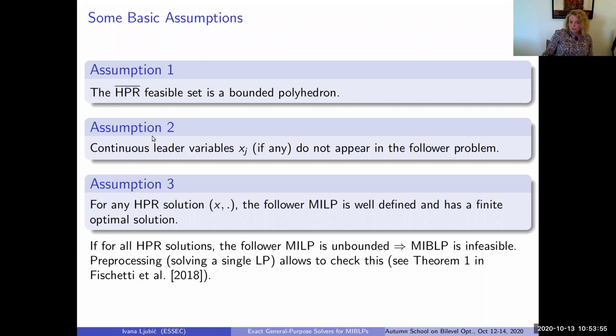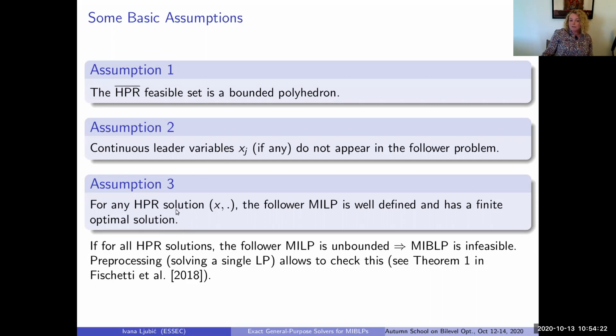Assumption 2 is really a critical assumption, which says that the continuous variables from the leader do not appear in the follower problem. Now, of course, there will be many applications where you cannot avoid that. Well, in that case, I would say you cannot hope to get the globally optimal solution, but you can still work on getting an epsilon convergent solution.